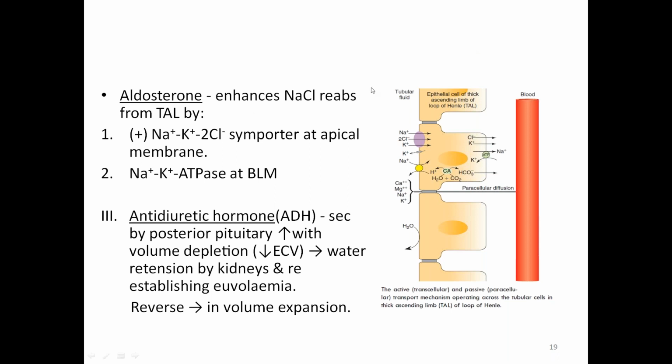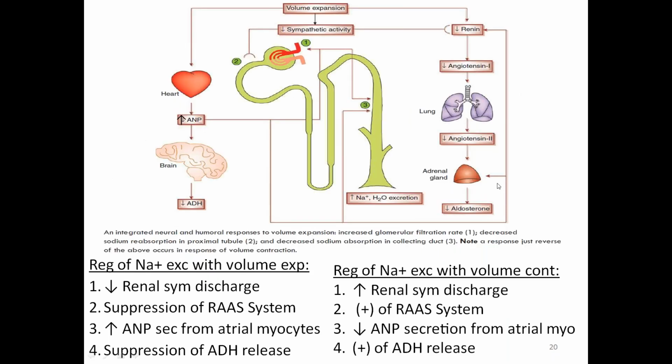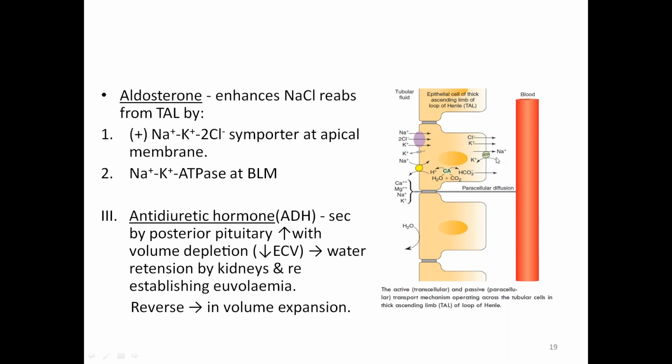Aldosterone enhances sodium chloride reabsorption in the thick limb of loop of Henle by its action on, one, the sodium potassium chloride symporter, which is present at the apical membrane, and two, its action on the sodium potassium ATPase on the basolateral membrane.